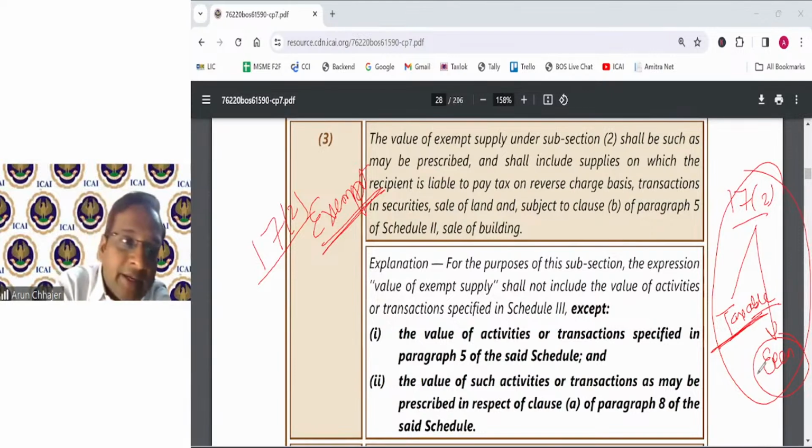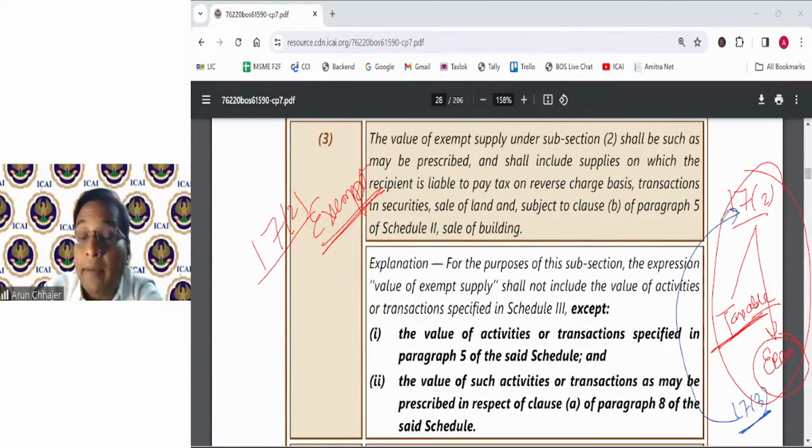This word has been defined in 17 subsection 3, but this is only for the purpose of 17(2). It means we are enlarging the scope of exempted supply. Why have we enlarged it? So that the reversal amount would be comparatively larger.